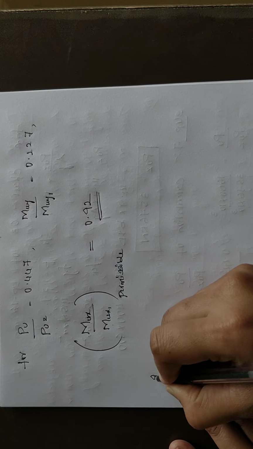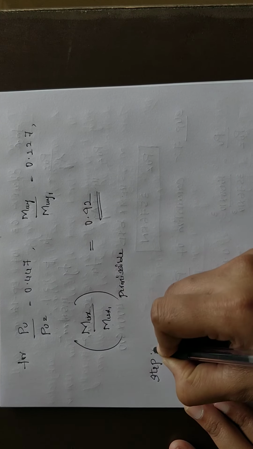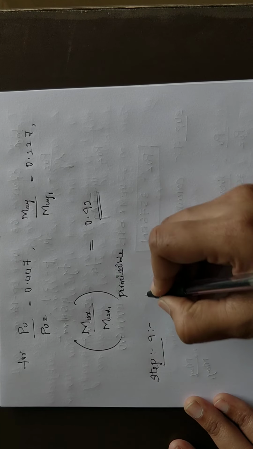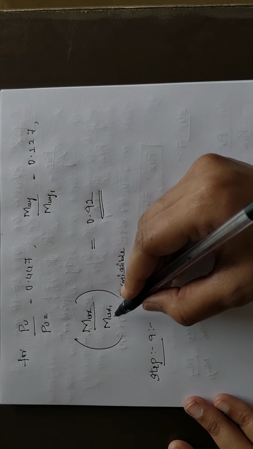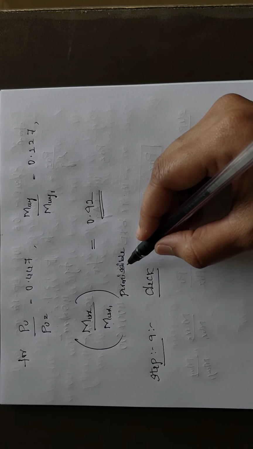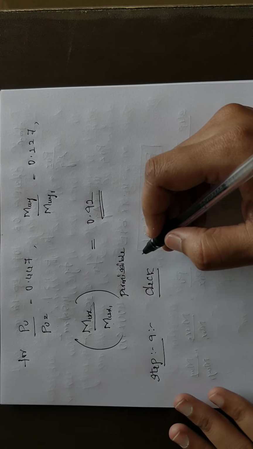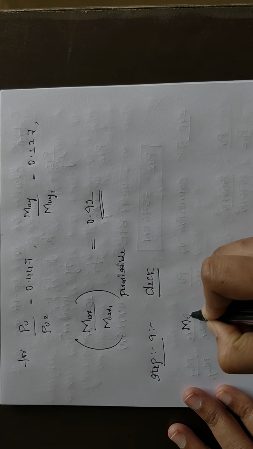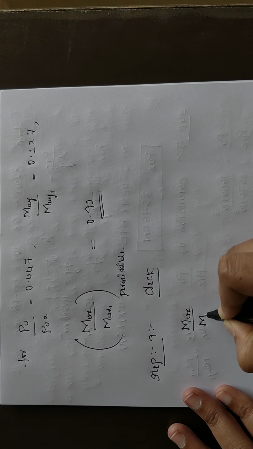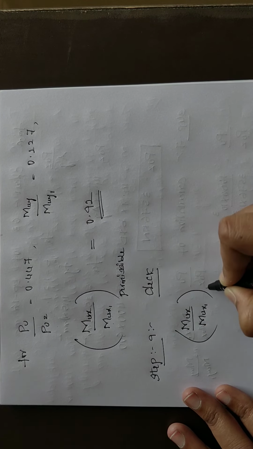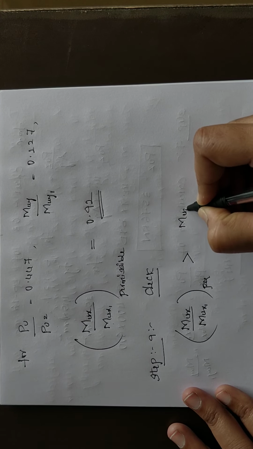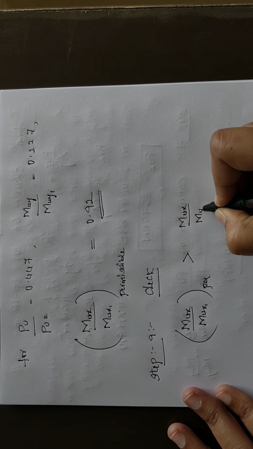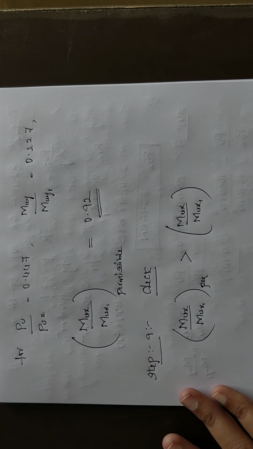Next is step number 9, that is check. Compare MUX by MUX1 permissible with MUX by MUX1. MUX by MUX1 permissible should be greater than MUX by MUX1, then it is safe.